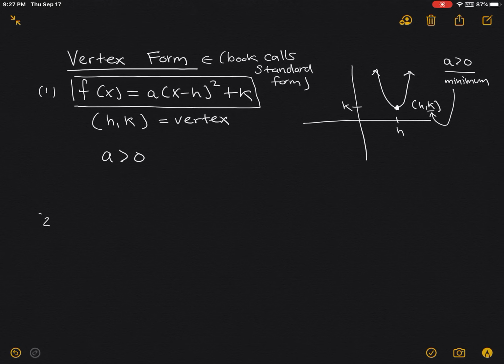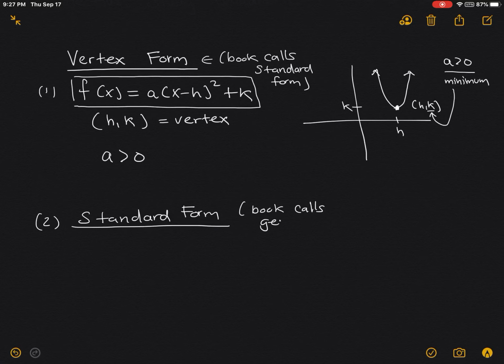Another form, and this one we're going to spend a little bit more time talking about, is called standard form. By the way, your book calls it general form. So on a quiz or test, stick with the notation that I give you: vertex form, standard form.